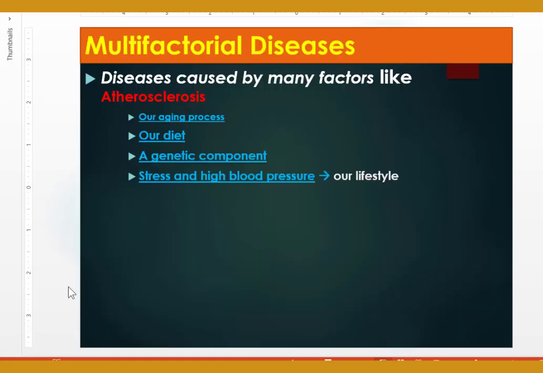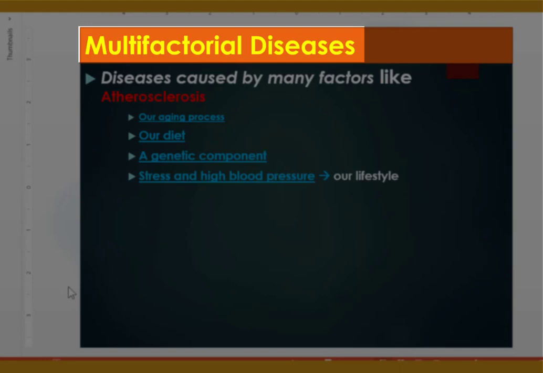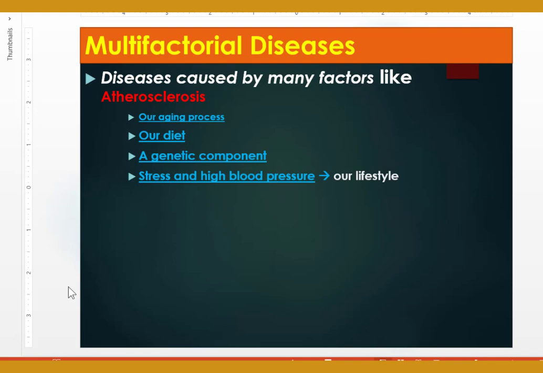The last one is multifactorial disease. As the name tells us, it is a disease that can be caused by many different factors. This describes a condition that is affected by the interaction of many factors. For example, atherosclerosis, or laying down of fatty substance in the internal walls of arteries, is affected by many different factors like our aging process.